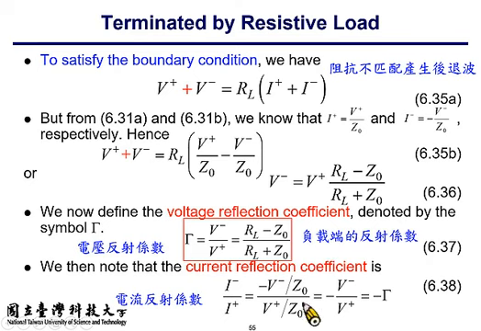So let's recheck the reflection coefficient and see what happens. Say if RL equals Z sub 0, what happens? If the termination resistance is the same as the characteristic impedance, the reflection coefficient becomes 0. What is the significance?